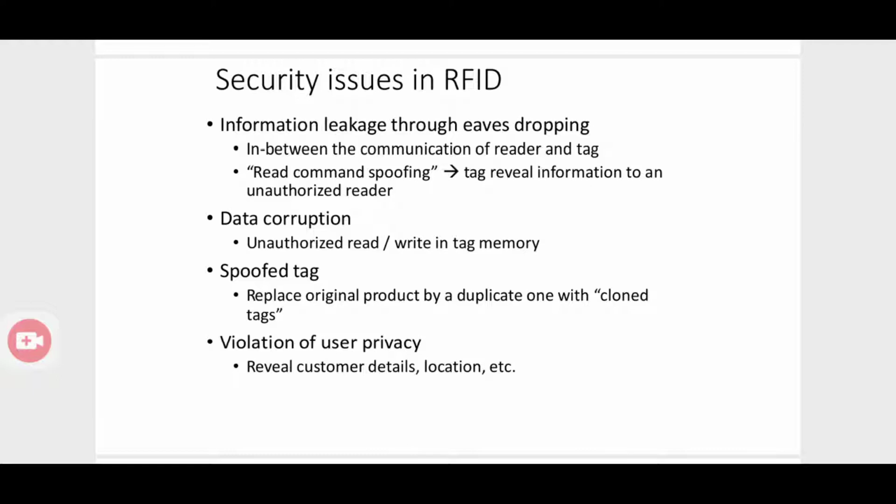Data corruption, that is also unauthorized read or write in tag memory, and spoofed tags: replacing the original product by a duplicate one with cloned tags, and violation of user privacy. All these are the security issues of an RFID system. Mainly the security issue is unauthorized accessing of that tag. If the reader is an unauthorized one and is trying to access the RFID tag of a product, it is a security concern.